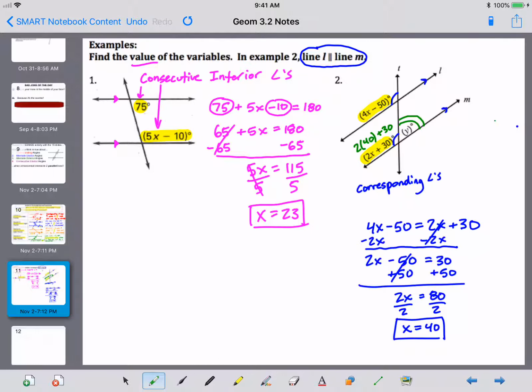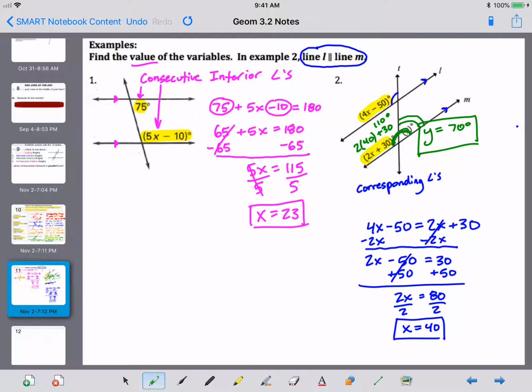That means this angle right here is 110 degrees. Well, if that's 110 degrees, that means y is going to have to be 70 degrees because these two angles right here make a linear pair. So 70 degrees plus 110 degrees, that means y is going to have to be 70.